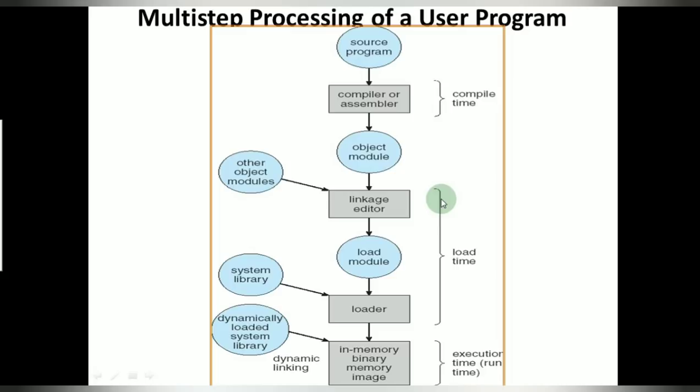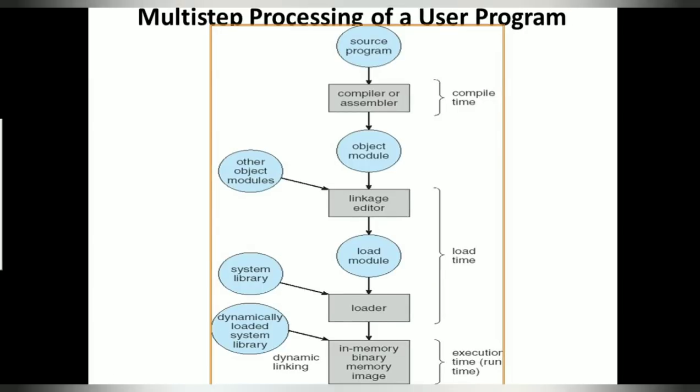In the case of execution time, if a program can be moved around in memory during the course of execution, then the binding must be delayed until execution time. Here it is talking about address mapping, which is a mapping of one address space to another address space.